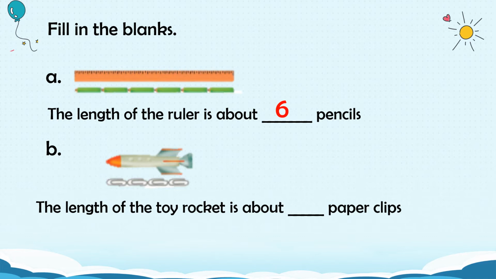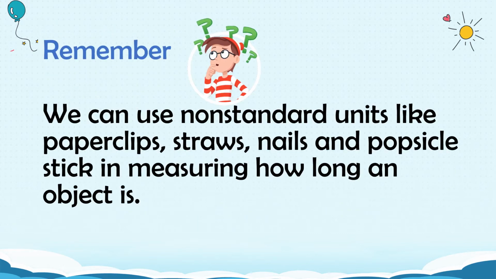Very good. The length of the toy racket is about 4 paper clips. A paper clip is an example of a non-standard unit. Remember, we can use non-standard units like paper clips, straws, nails, and popsicle sticks in measuring how long an object is.